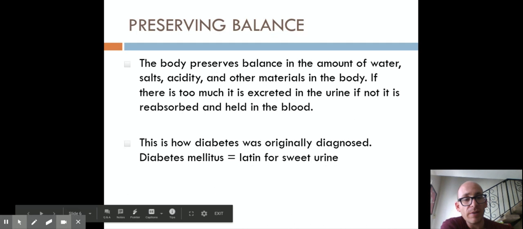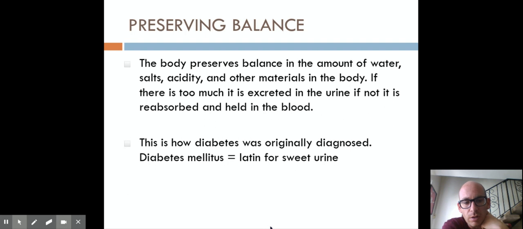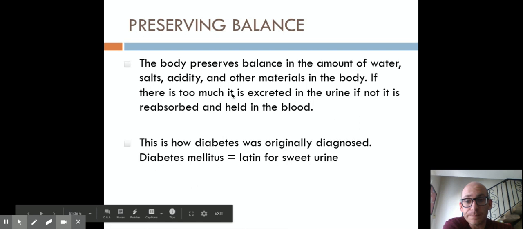So let's just talk quickly about, or go back over some of the things I just mentioned. So the whole point of that pushing out and then reabsorbing is to preserve a balance, okay, preserve homeostasis in relation to a whole bunch of stuff: water, sugar, protein, acidity as well.